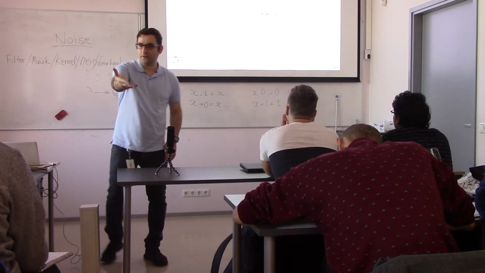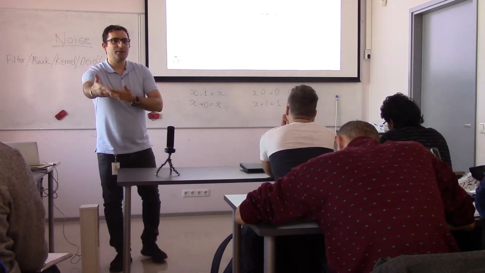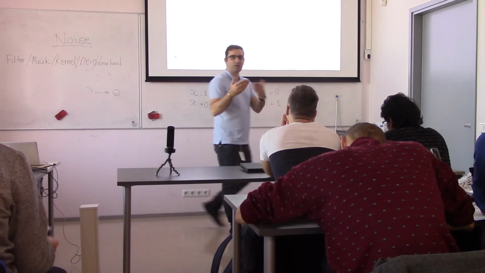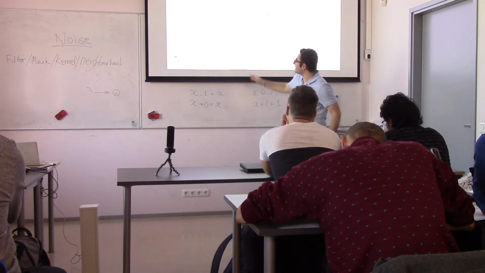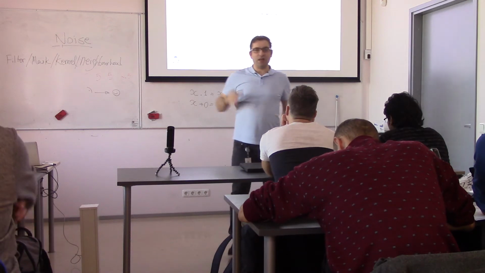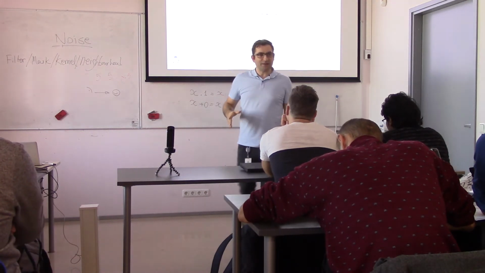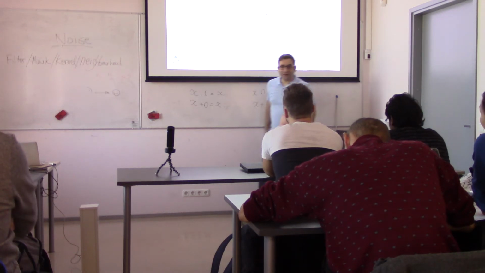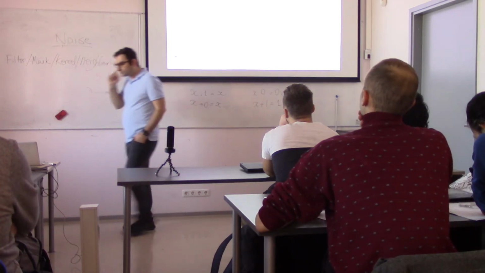It's like that you are calculating your GPA. Some courses are 6 EAP, some of them are 3 EAP, so they have different weights, right? So it's the same. So if I tell you that we have an image and I want to apply a box filter of 3 by 3, this is what you do. If you want to apply the weighted average, this is what you have to do.